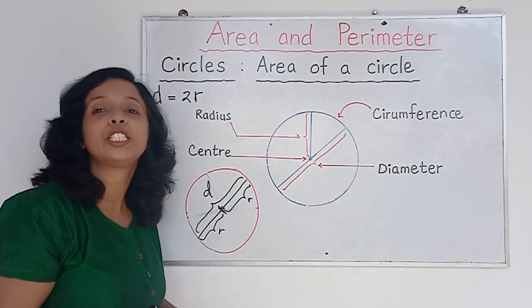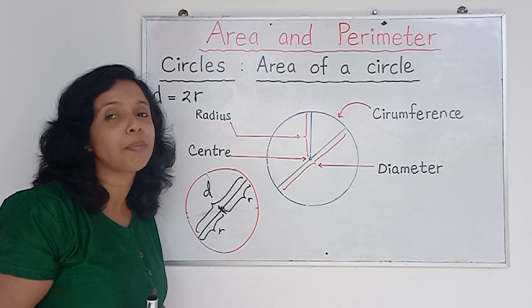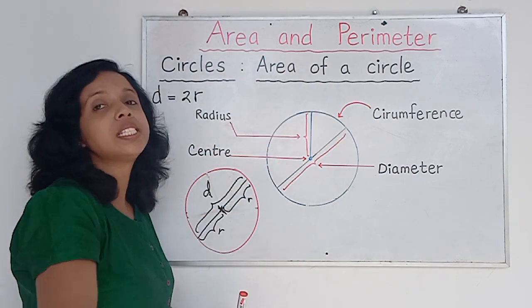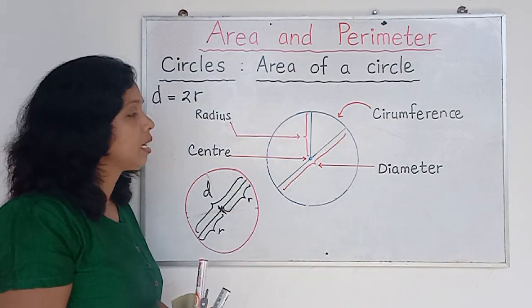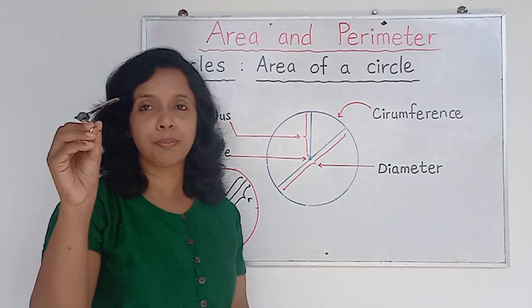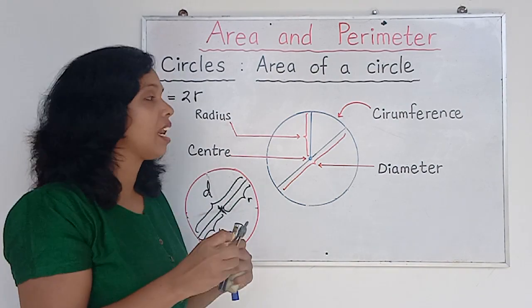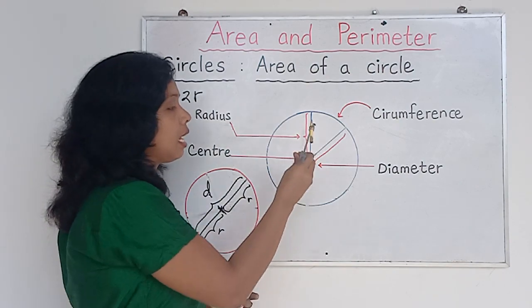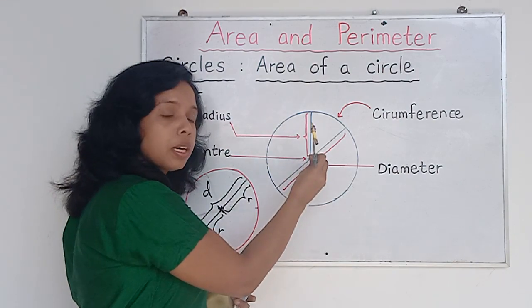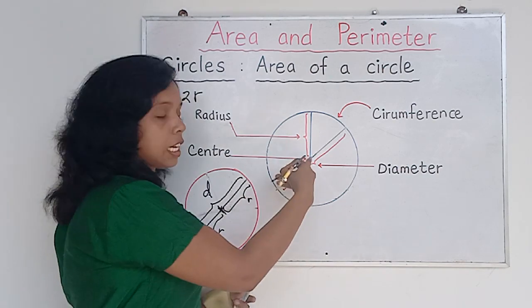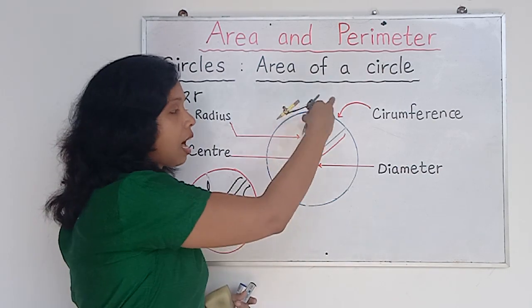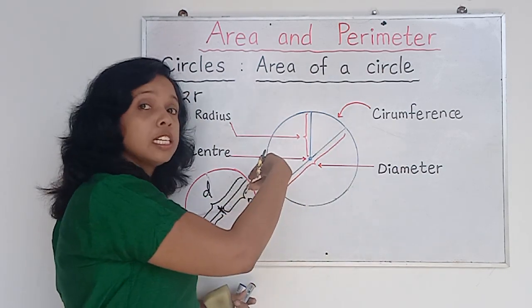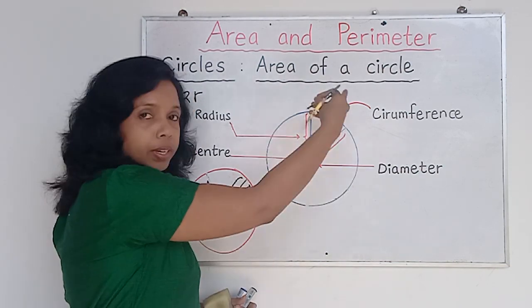These are the things you should know before talking about the area of a circle. I repeat, we use a pair of compasses, and the place where you put the point is the center of the circle, and the line that the pencil draws is called the circumference.